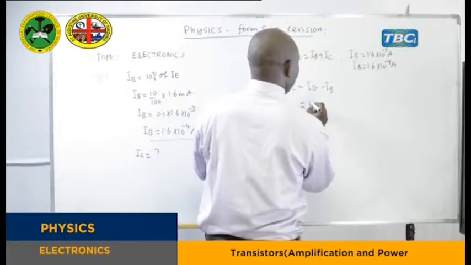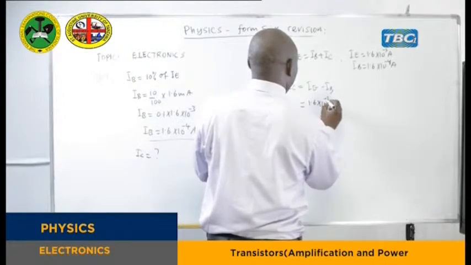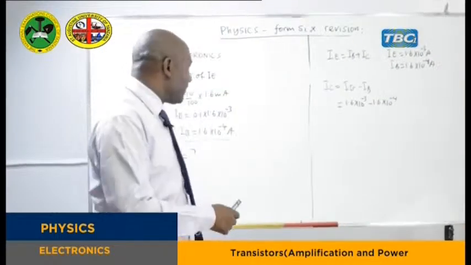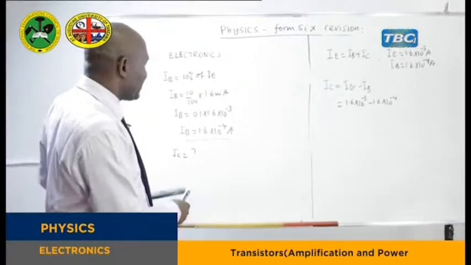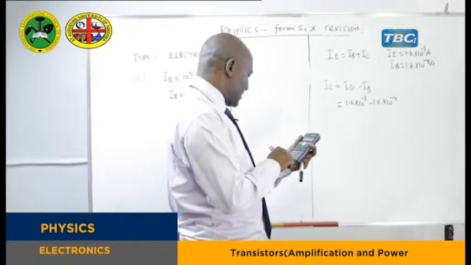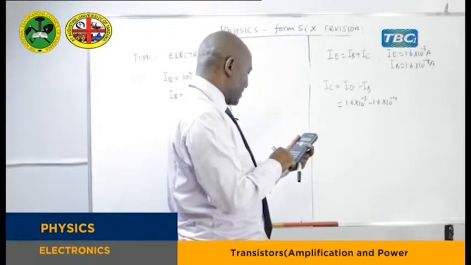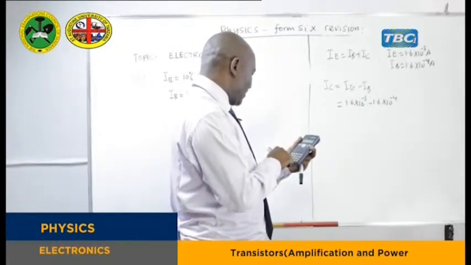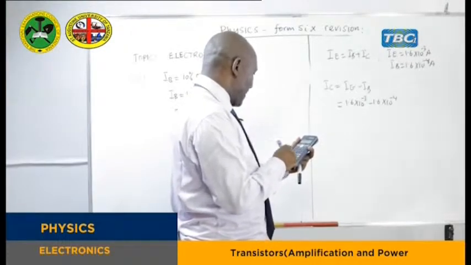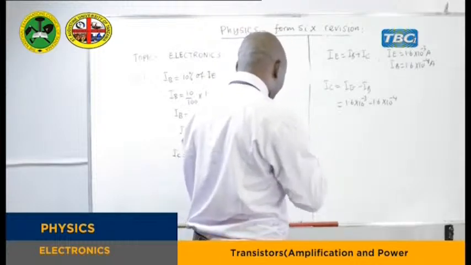This is 1.6 times 10 negative 3 minus 1.6 times 10 negative 4. Using a calculator, you can find the value of the collector current. For example, I'm using mine here, 1.6 e power negative 3 minus 1.6 e power negative 4 is giving us 1.4.